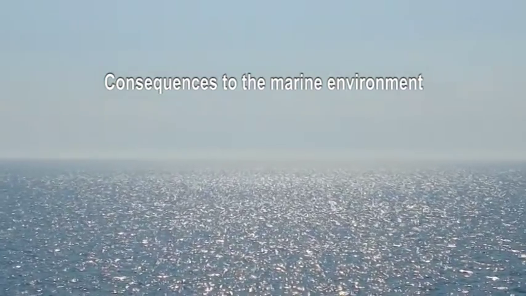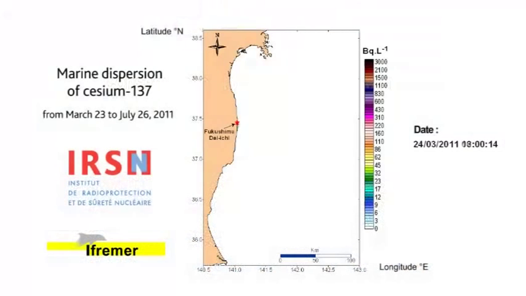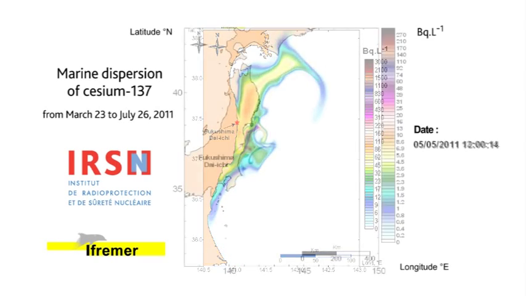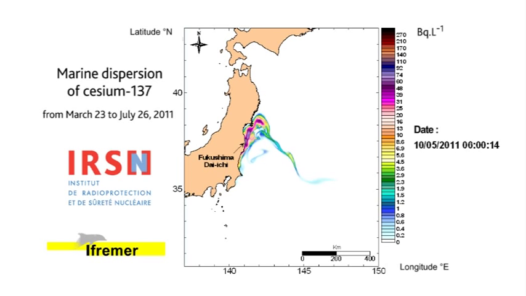The Fukushima accident resulted in the largest release of radioactive substances ever observed in a marine environment over a short period of time. The sea was first contaminated by fallout from the radioactive plume dispersed over the ocean between the 12th and the 23rd of March. Then it was polluted by liquid radioactive discharges directly into the sea, mainly between March 26th and April 10th.